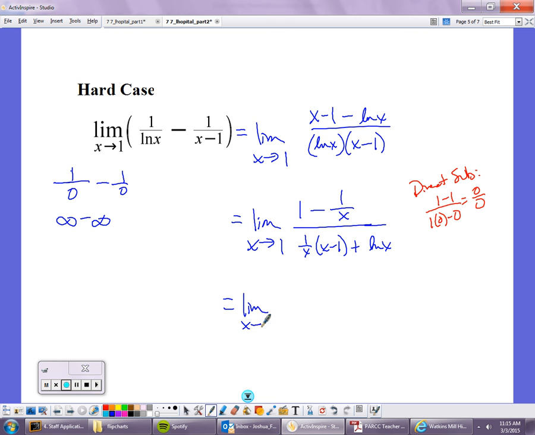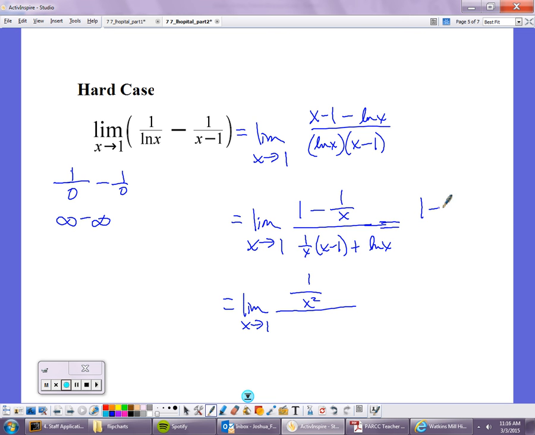So limit as x goes to 1. I'll take the derivative of the numerator and get 1 over x squared. I'll take the derivative of the denominator, and you know what, I'm going to rewrite this, I'm going to erase this over here.